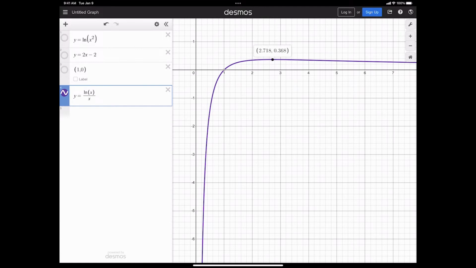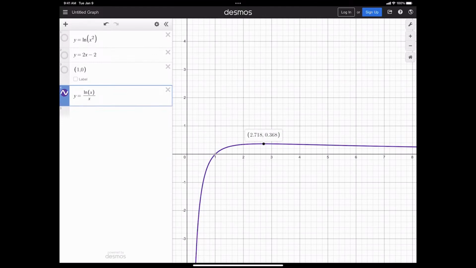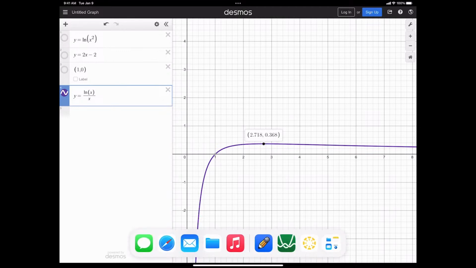That looks like a special point. So just looking at the graph, it looks like your function is what? Increasing everywhere. Is that true? No, it's not. I'm sorry. It's not increasing everywhere. Your function's increasing. It reaches a point, and then it decreases. Okay?